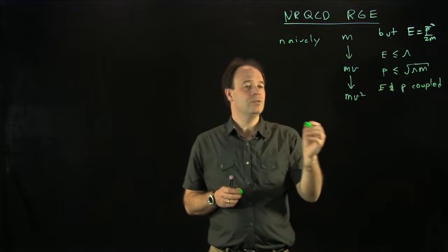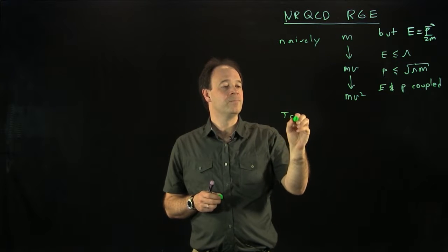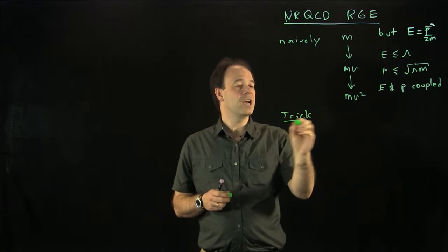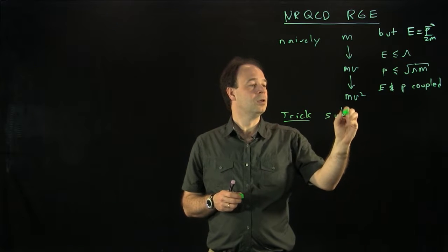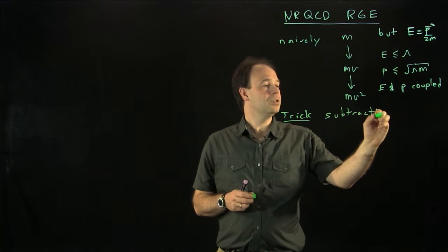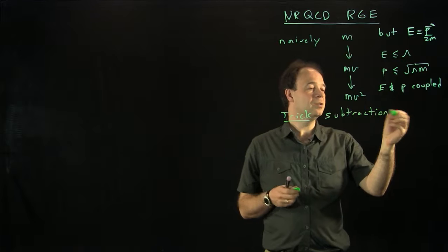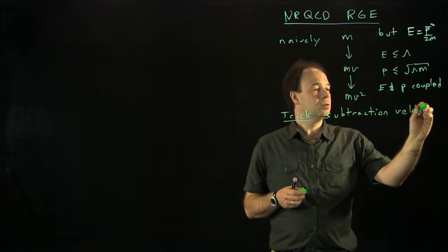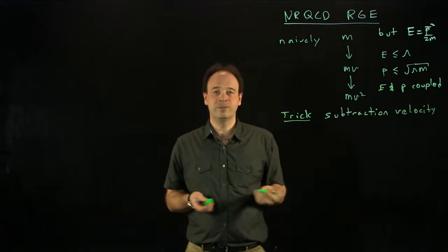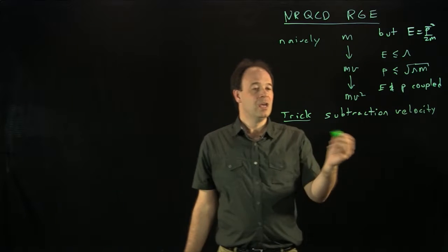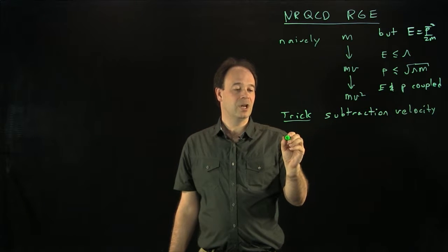So the trick that we can do to get around this is the following. It's what's called the subtraction velocity. So we're used to having subtraction scales, like mu from dimensional regularization in MS bar. But here we're going to convert to something that's a velocity.